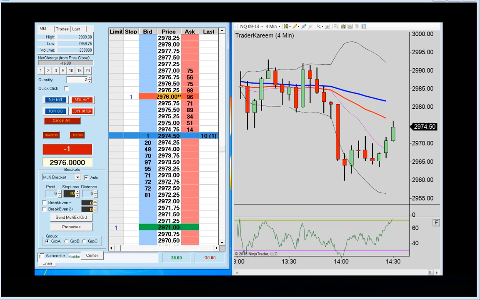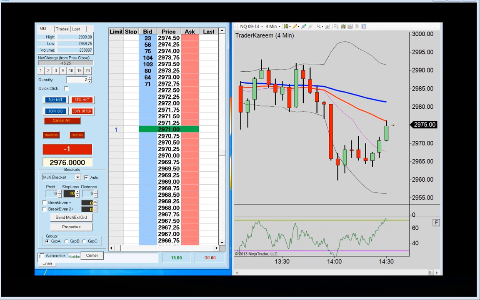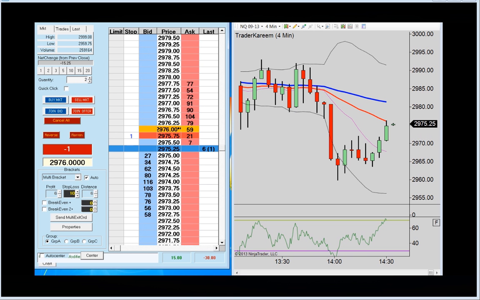At this point I was looking for a target. My target basically was the retesting of the low of 29.61 or 60, and I was concerned with that. So I moved again to break even +1, and I think I got stopped out at break even +1.